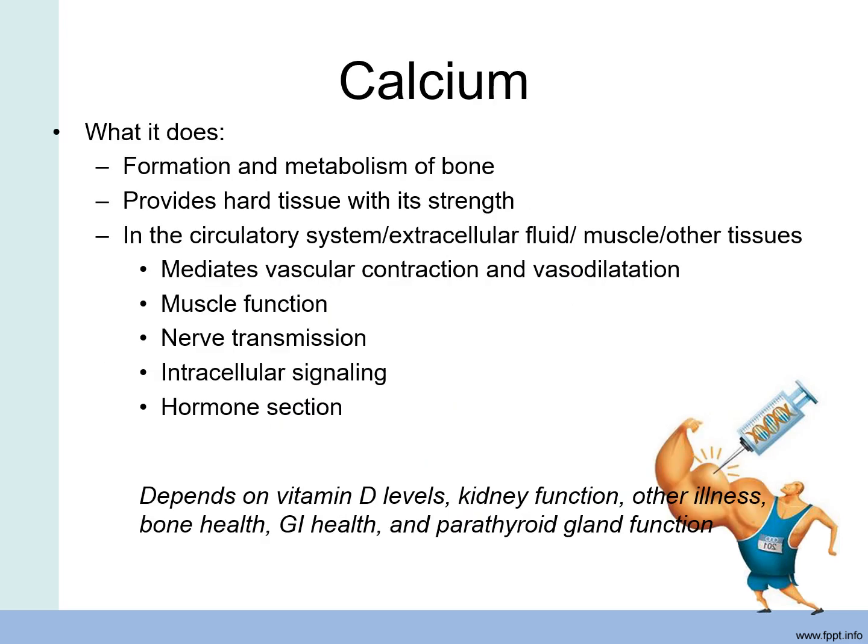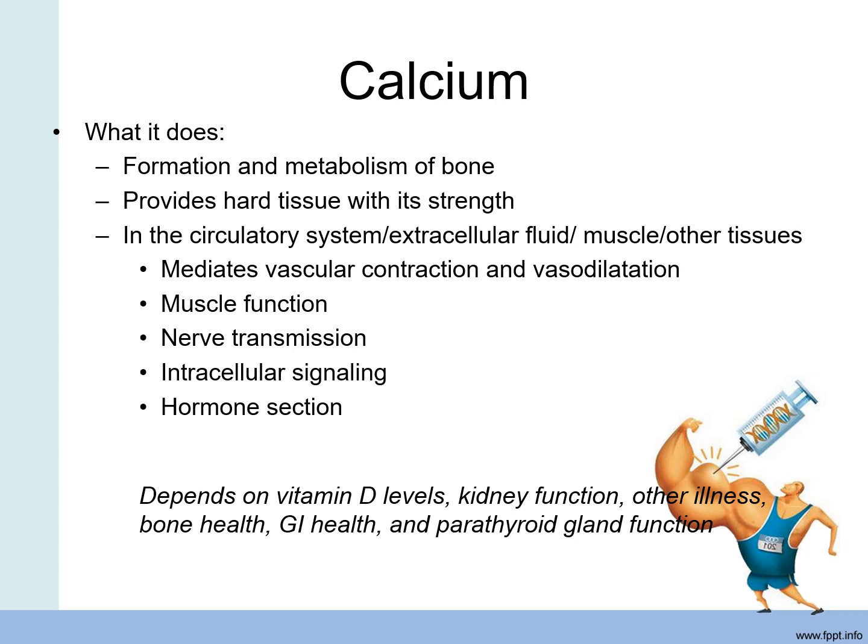So we've talked some about calcium and its importance in parathyroid hormone, but why does it matter? Calcium is important in the formation and metabolism of bone, and most of the calcium stored in our body is in the bone. Bone tissue serves as a reservoir for and source of calcium for critical metabolic needs through bone remodeling. And you remember osteoclasts and osteoblasts, all a part of that bone remodeling.